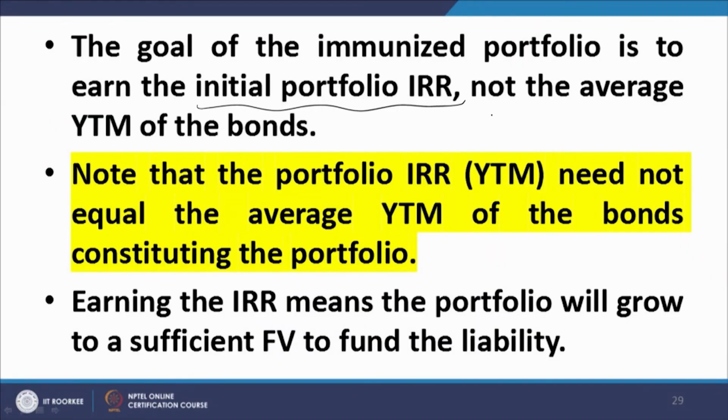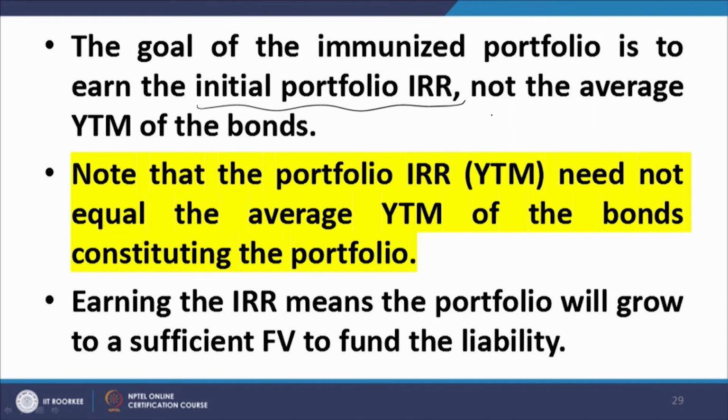The cash flows that are going to be generated from the portfolio will not change due to changes in the environment represented by changes in interest rates, and as a result the initially projected interest rates will be earned, notwithstanding the fact that the market interest rates change. So, the goal of the immunized portfolio is to earn the initial portfolio IRR, not the average YTM of the bond.